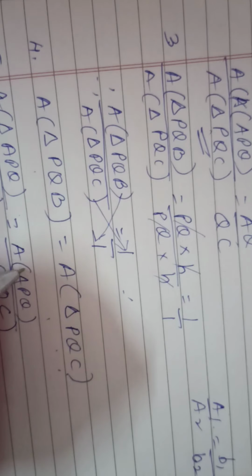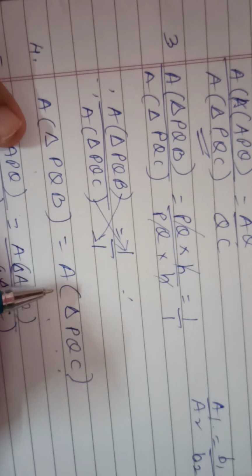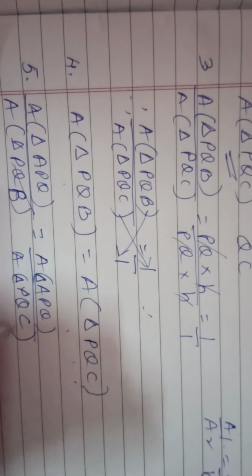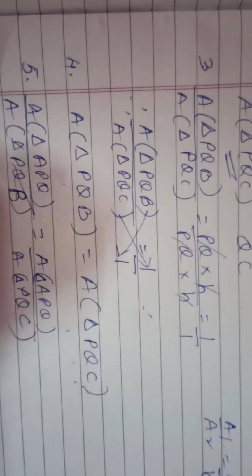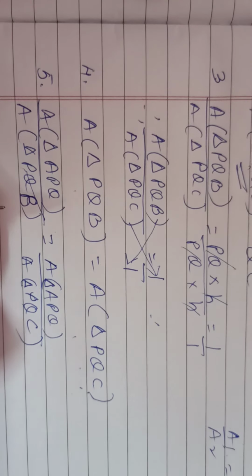But we have seen that PQB is equal to PQC, and therefore these two are equal. Therefore the left hand sides are equal.